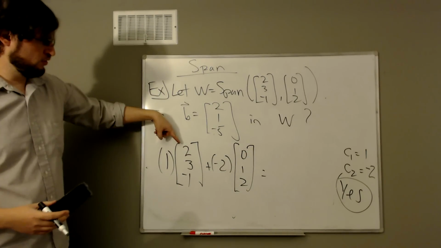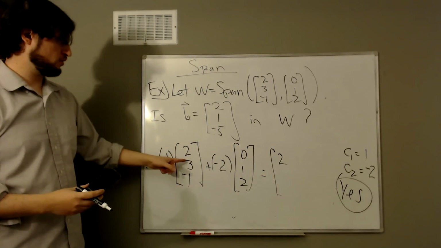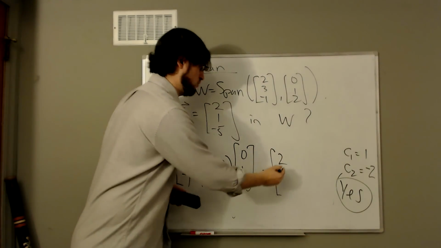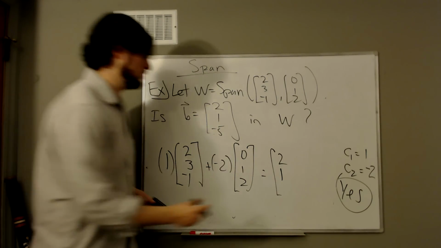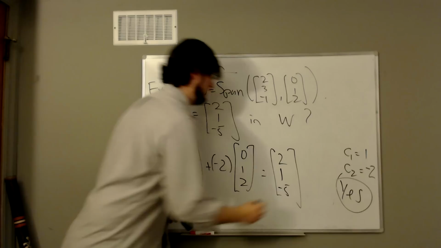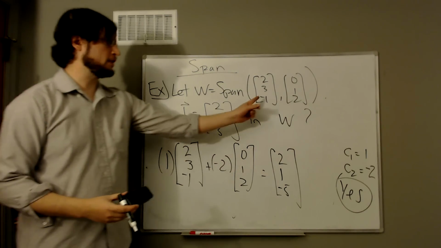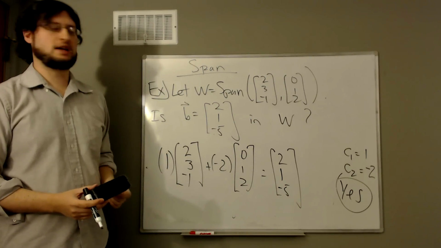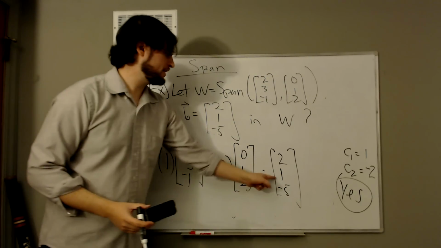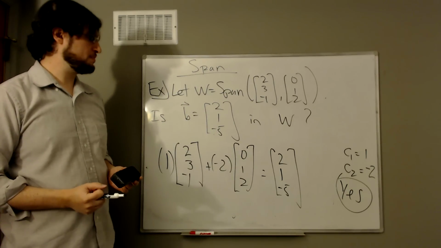I get 2 minus 0, which is 2. I get 3 minus 2, which is 1. And I get negative 1 plus negative 4, which is negative 5. So there's our C1, there's our C2, the scaling factors that correspond to vectors V1 and V2. Put it all together and we end up getting b back. So b is in fact a linear combination of the first vectors, so it's in their span.